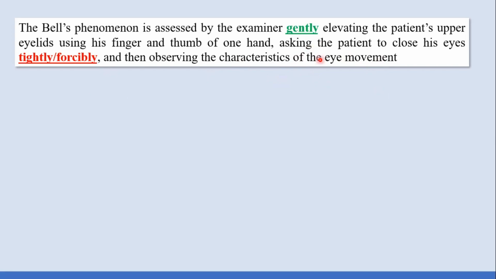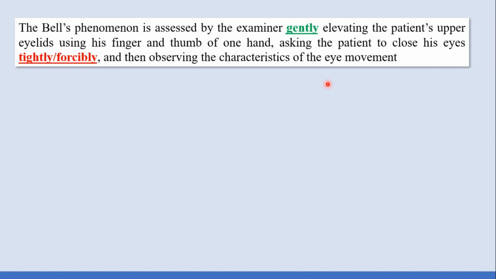Try to imagine now you are gently retracting the eyelid, and the patient is asked to forcibly close their eyelids, and the patient has a powerful orbicularis. The end result is that you will struggle to open the eyelids, and you might not be able to observe the eye movement because the orbicularis is too powerful in normal individuals.